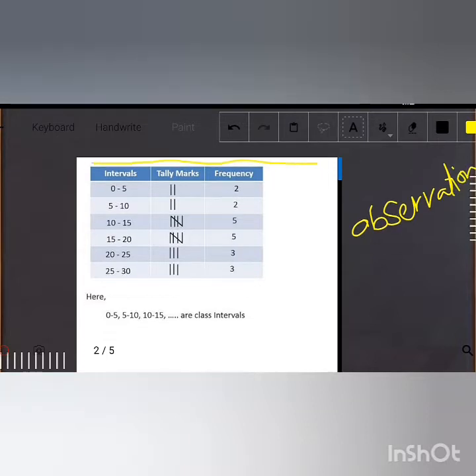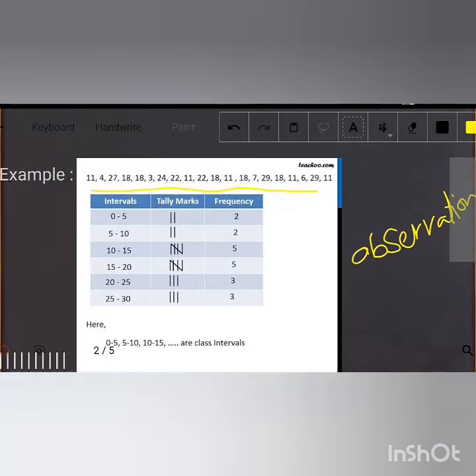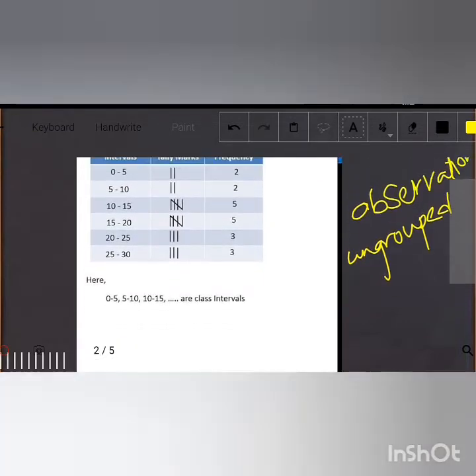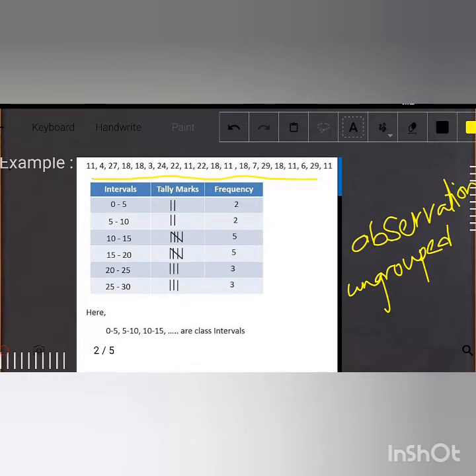These observations are listed one after the other. Then this list of observations is called ungrouped data. That is, if each and every observation is listed, then that data is called ungrouped data.